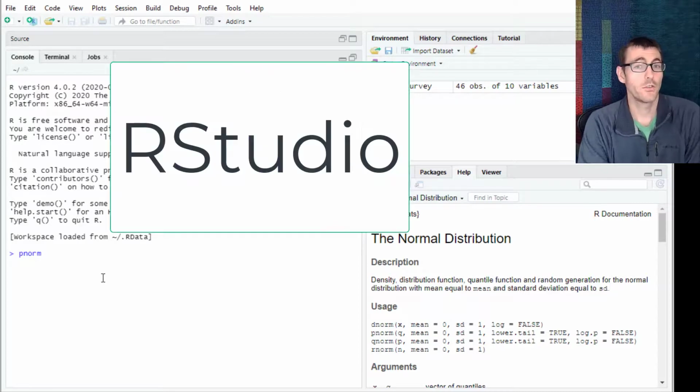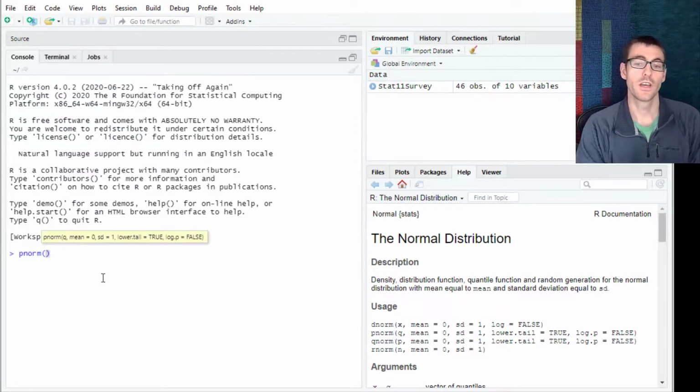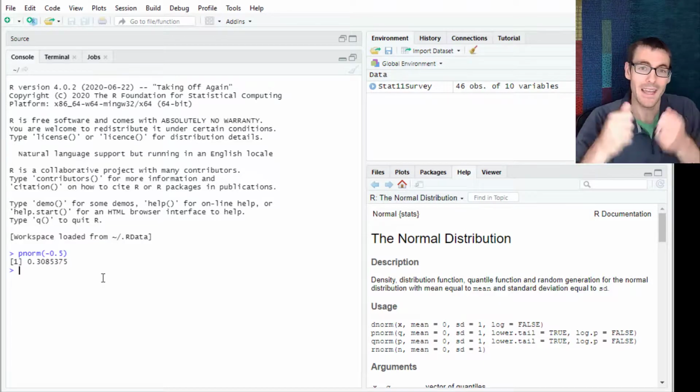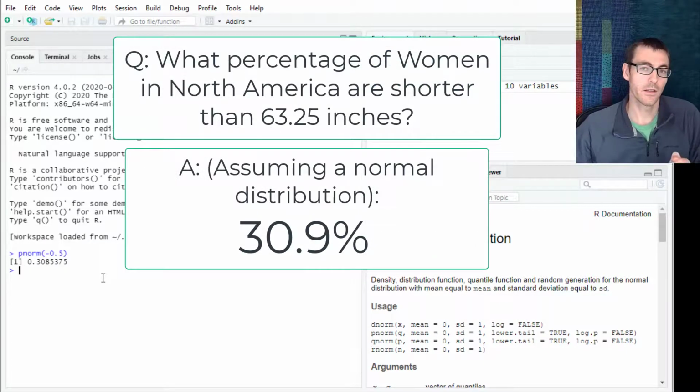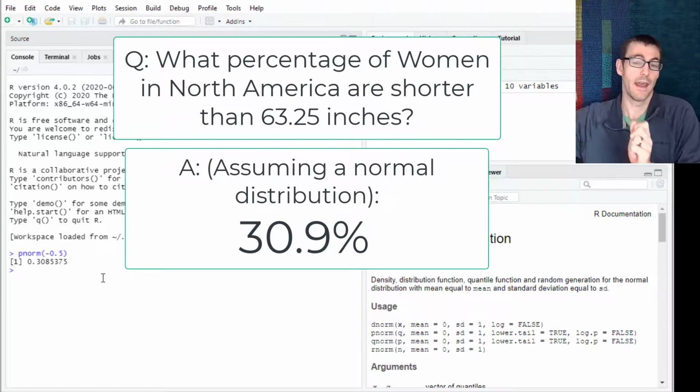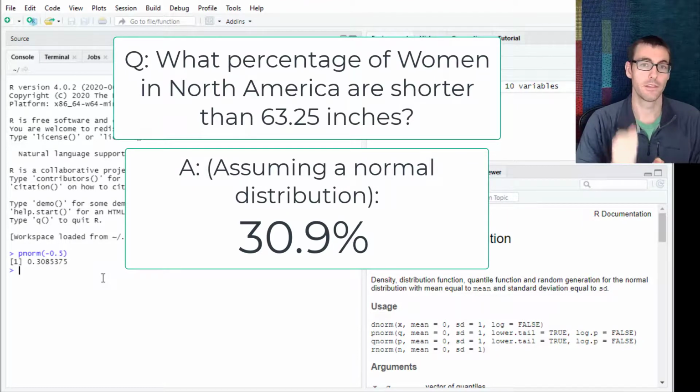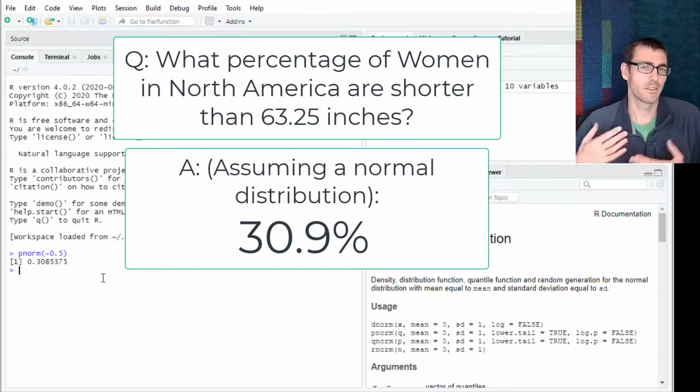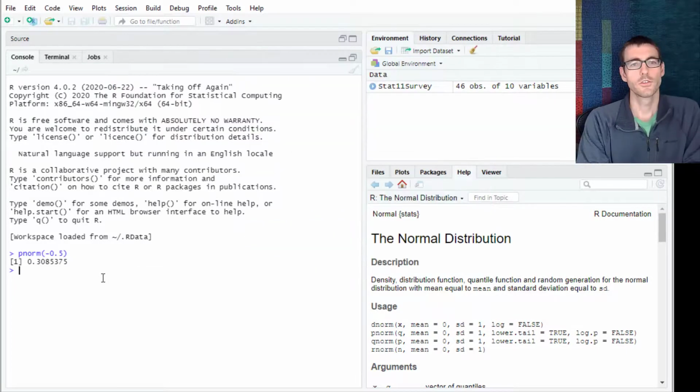So if we go to R, we can use the pnorm function, which has several options for some extra information you can provide it, but at its basic level, you can just feed in a number like negative 0.5, and it will spit out that answer that we're looking for, the area under the curve from negative infinity up to negative 0.5, aka the percentage of the normal distribution that's less than this cutoff, z equals negative 0.5.